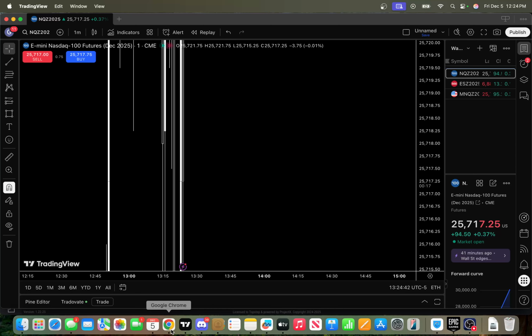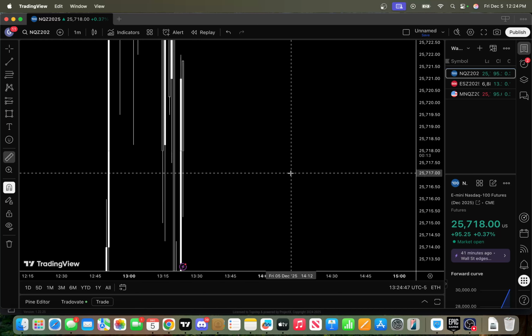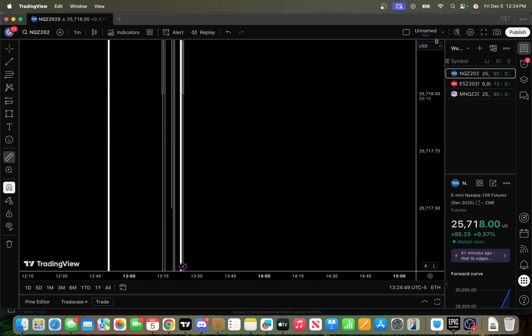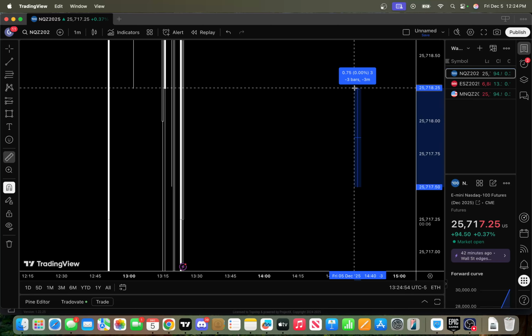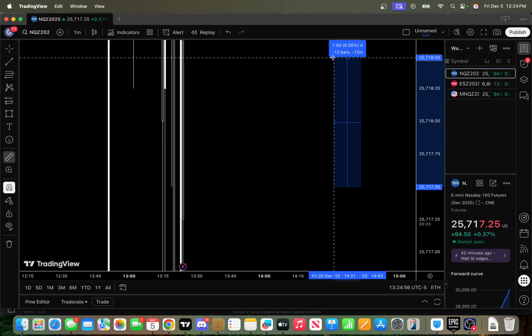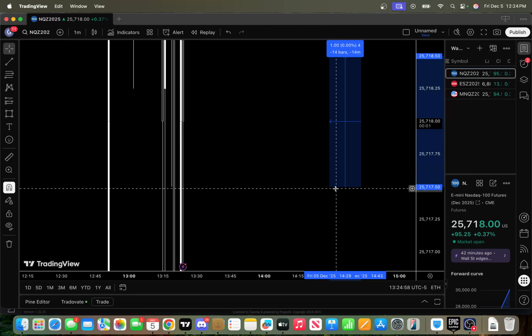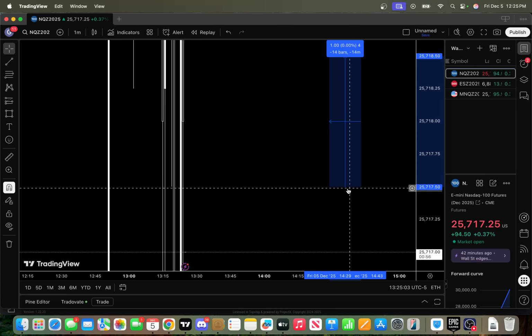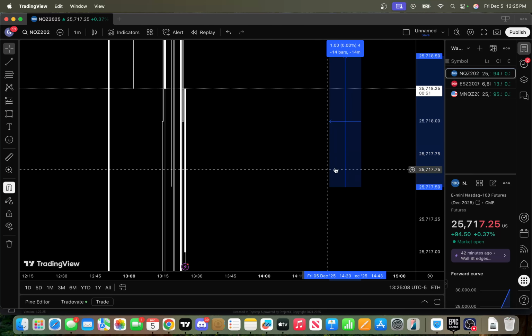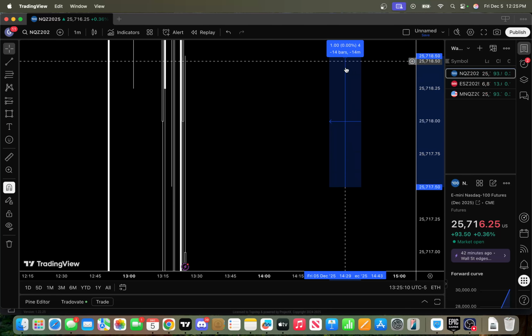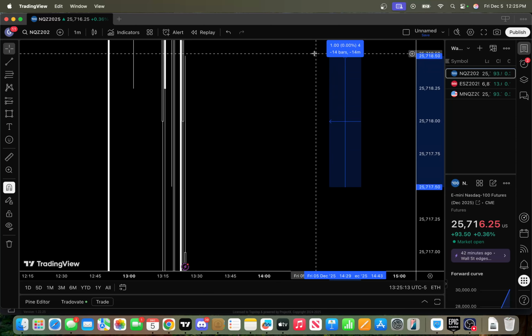Now, what is the calculation? If I do this again, from here to here, this is 1 point. Say I enter a trade at this price and it moves up to here. I take this trade with one contract, I enter here and take profit here, and it goes up 1 point.